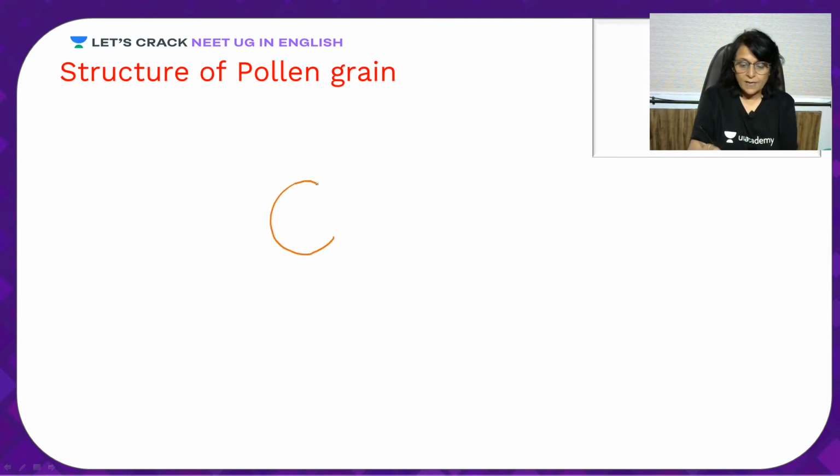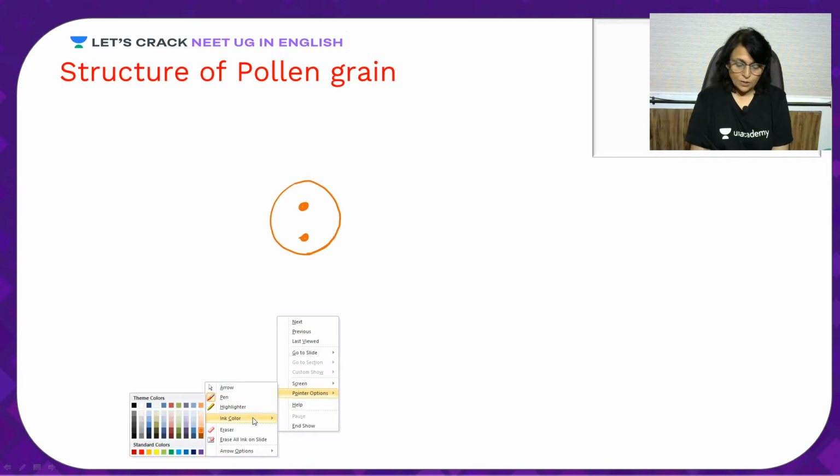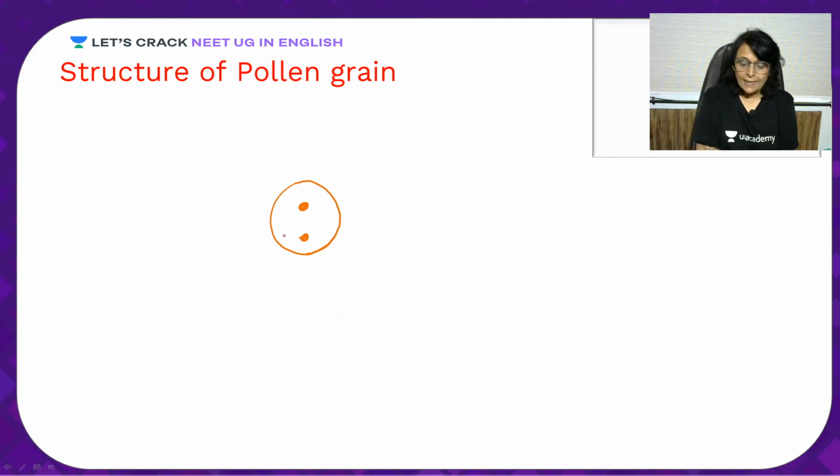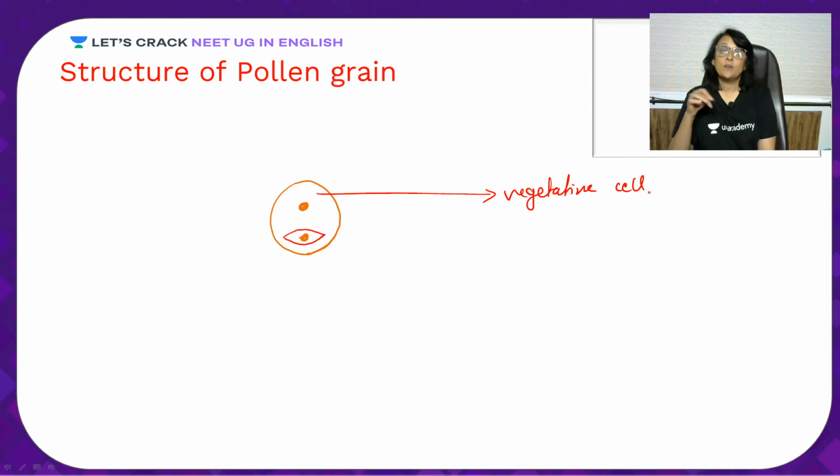We are making it slightly bigger. This is the bigger cell, the vegetative cell, its nucleus, and here is the other cell, which is the smaller cell, and it is spindle shaped. Okay, let us write down about these two. This is vegetative cell. Vegetative because it does not participate in male gamete formation.